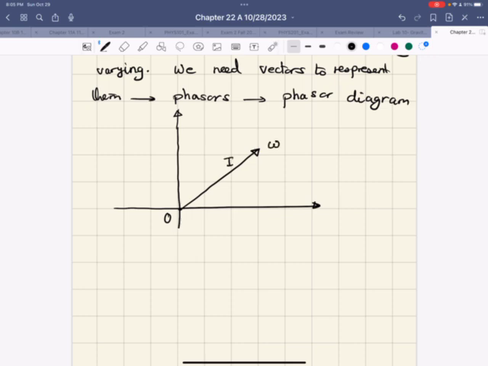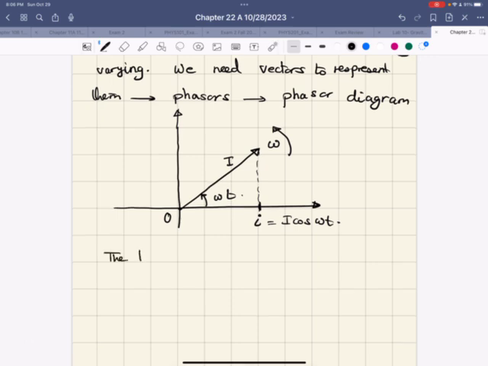And this is omega, the angular velocity, and therefore the angle here is omega t, and at any moment this is representing i, which is I0 cosine omega t.